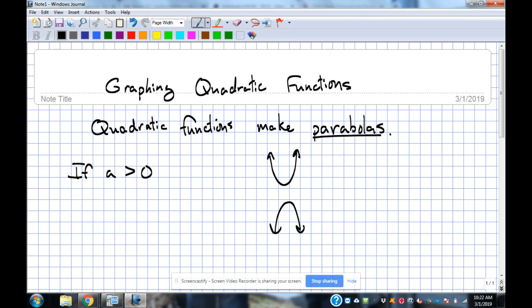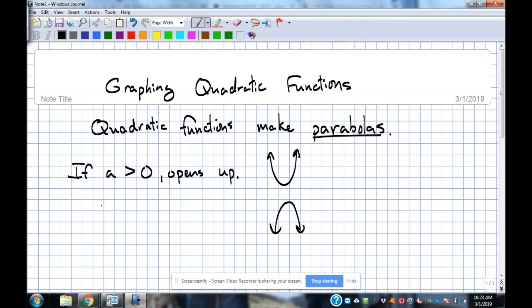Yeah, that's right. If the number in front is positive, it's going to open up like this. It's going to be moved around. It may be wider, maybe skinnier, but it's going to resemble that shape. We call that opening up.